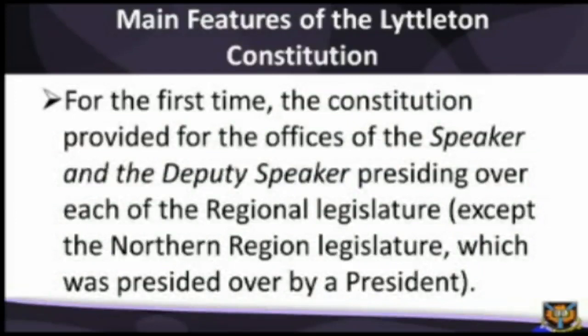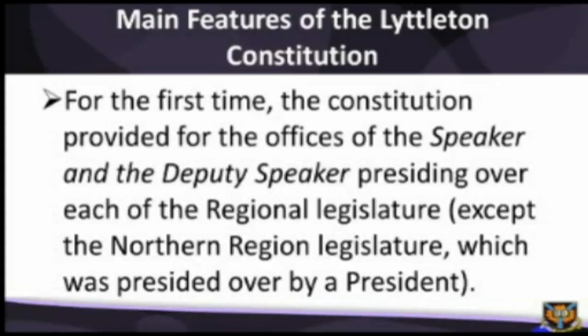For the first time, the Constitution provided for the offices of the Speaker and the Deputy Speaker, presiding over each of the regional legislatures, except for the Northern Region Legislature, which was presided over by the President. The Speaker of the House of Assembly was appointed by the Governor from members or non-members of the House.